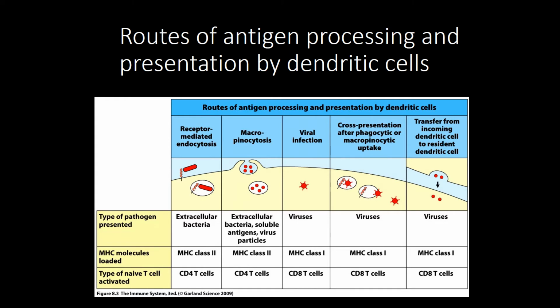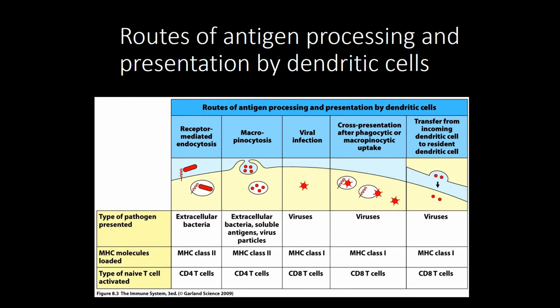They get picked up, and they get processed and presented on MHC class 2 molecules on the surface, where they can be recognized by CD4 positive T cells. They can pick up extracellular bacteria, antigens, etc., and process and present it in class 2 and activate CD4 cells.